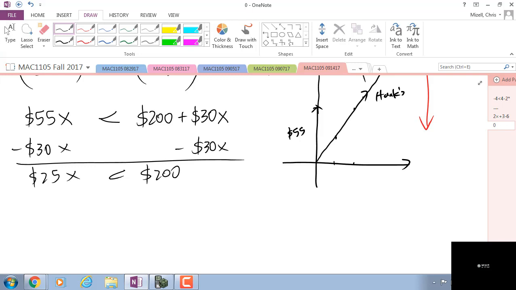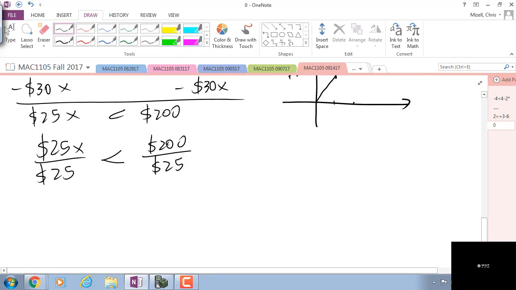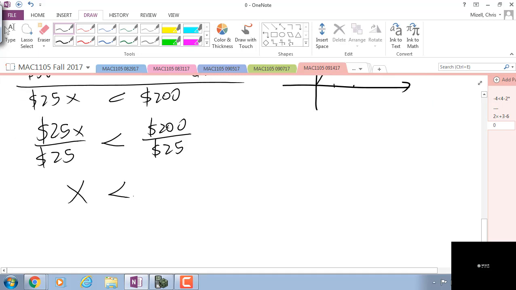So let's divide both sides by $25. Since the 25 has a dollar sign and the 200 also has a dollar sign, the dollar signs will effectively divide each other out. We won't have dollars on the right-hand side. x is less than 8.